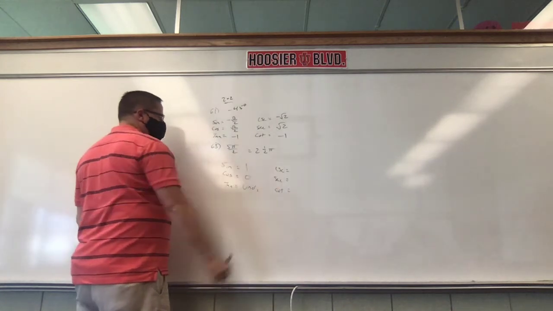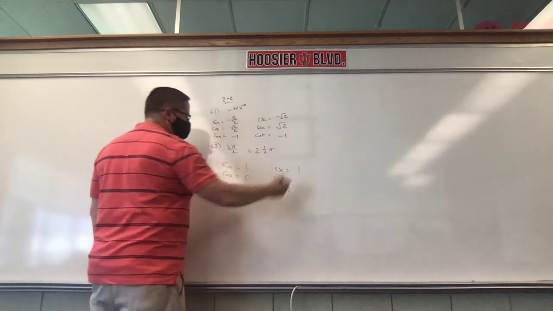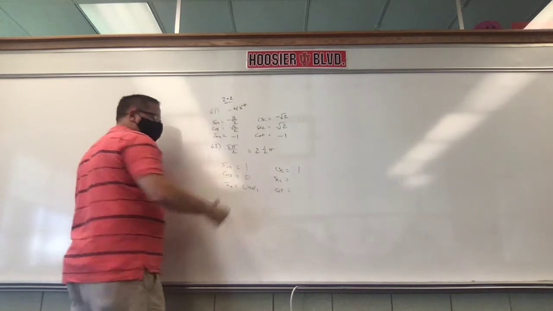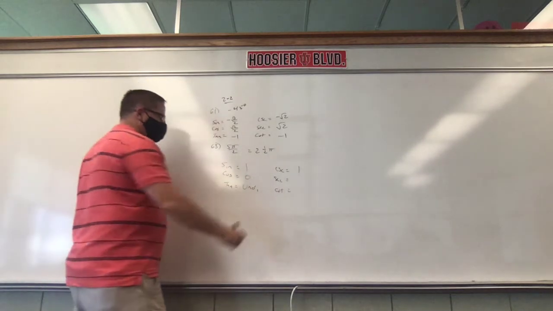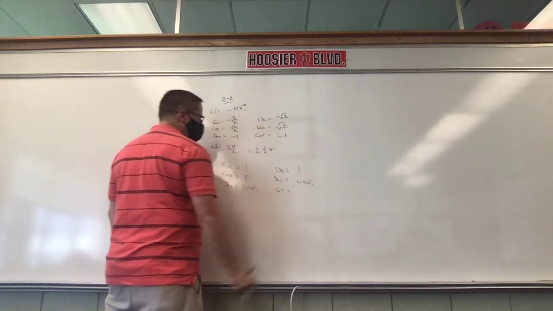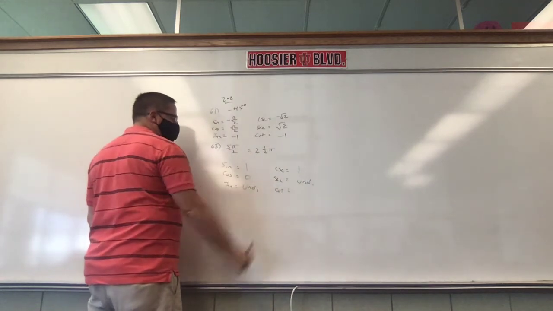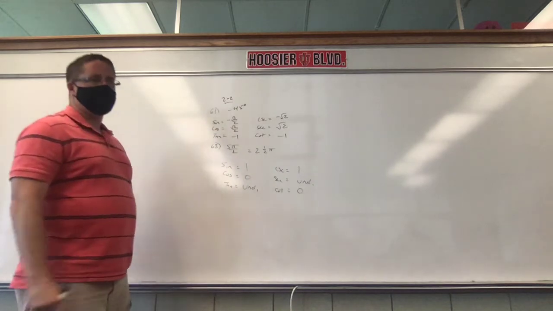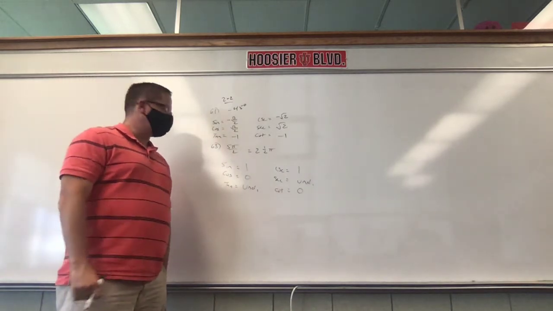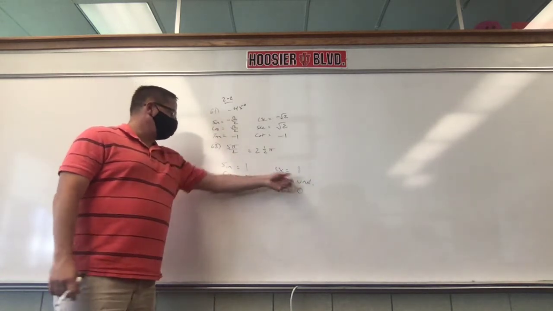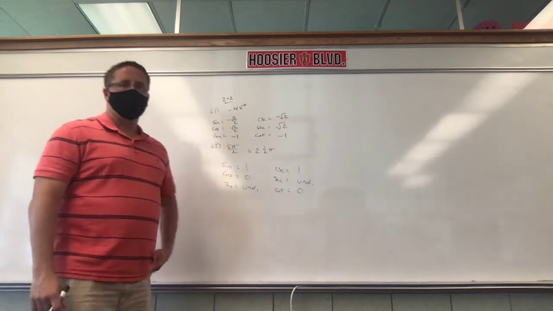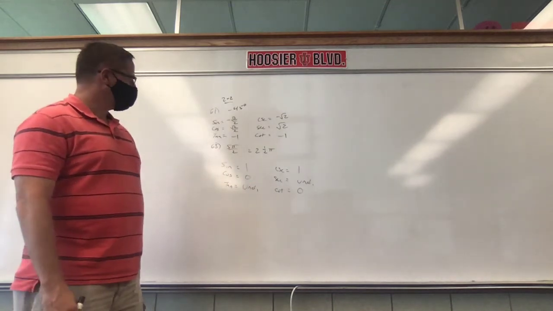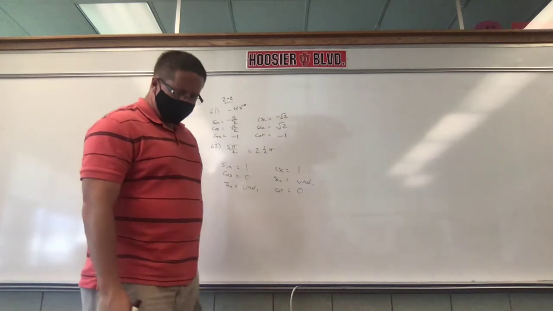For cosecant, if you flip sine, which is 1, you still get 1. Secant, you flip cosine, the reciprocal of 0 is undefined. Well, if tangent's undefined, cotangent's the reciprocal of undefined, which is 0, which, again, is not really mathematically accurate. You can't flip a number that doesn't exist. But if 0's reciprocal is undefined, undefined's reciprocal is 0. Hopefully that makes sense. That one wasn't too bad.